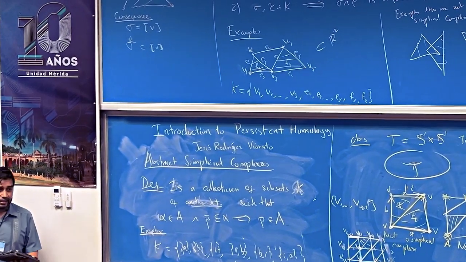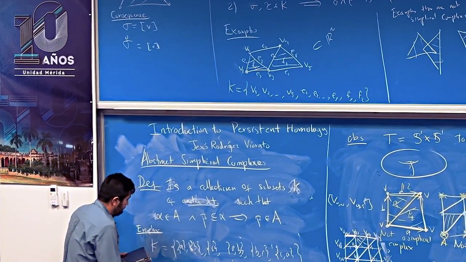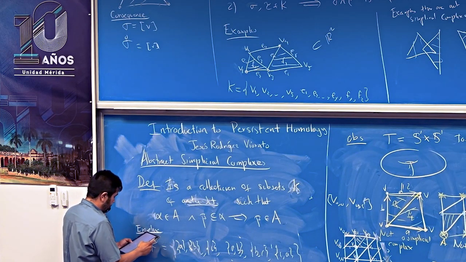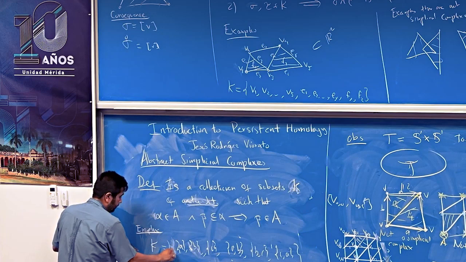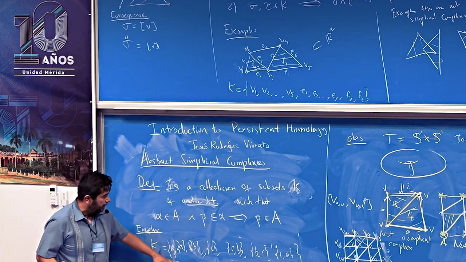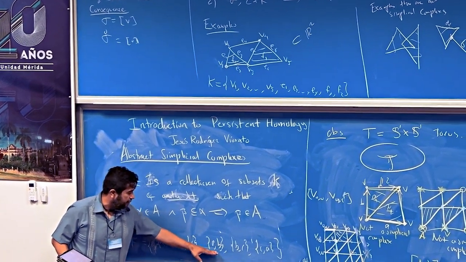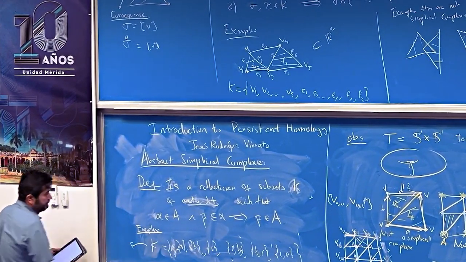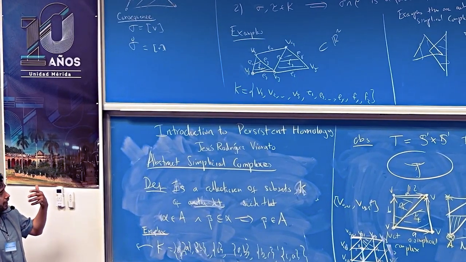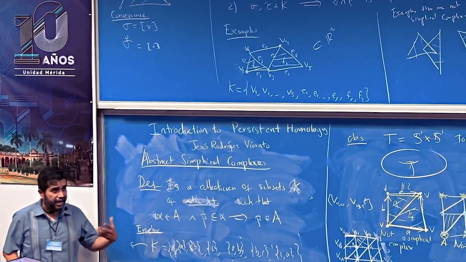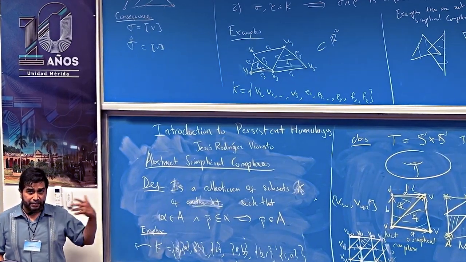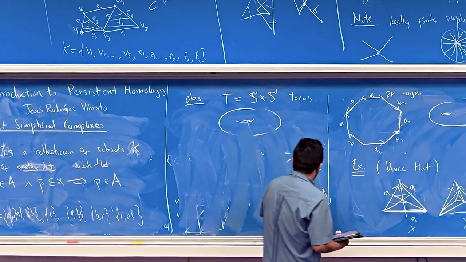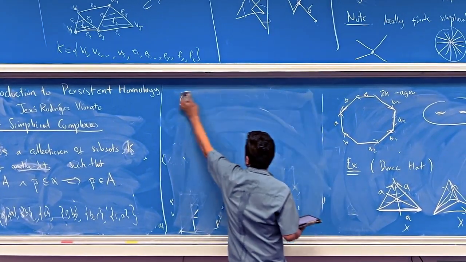It's a collection of subsets, and I think we also need to add the empty set, just for completeness. So if we have a set, we have all its subsets. This thing is called an abstract simplicial complex because it's not referring to any specific triangulation or triangles in any specific space. But we can always realize it geometrically as an actual simplicial complex.